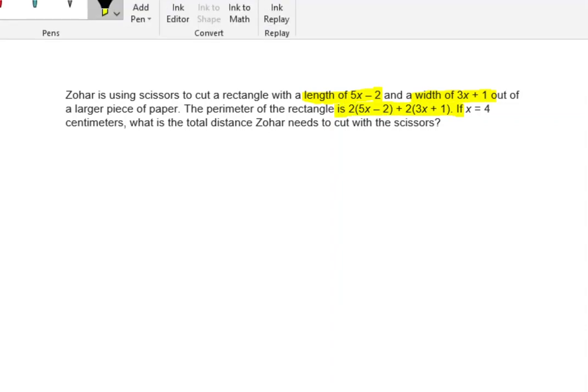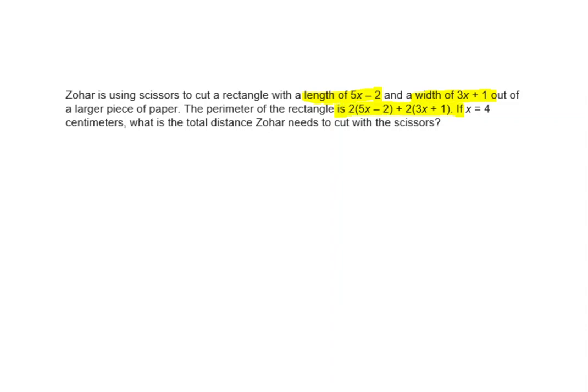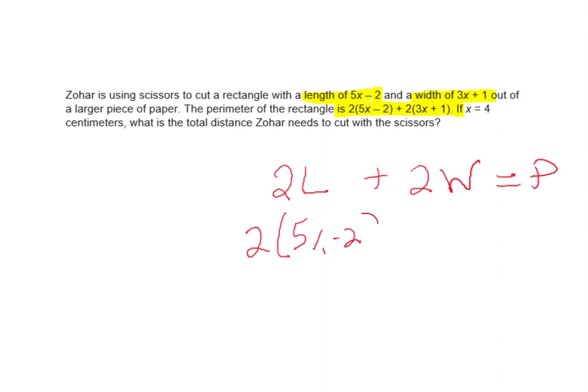Notice they used the formula 2 times the length plus 2 times the width equals the perimeter. They've already given you that two groups, because there are two lengths in a rectangle, two groups of 5x minus 2 and two groups of 3x plus 1 is the expression.